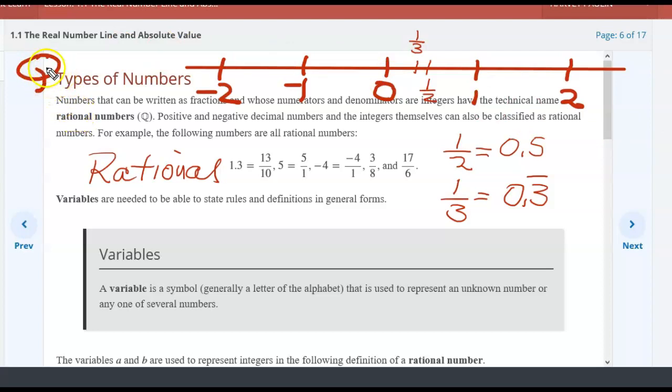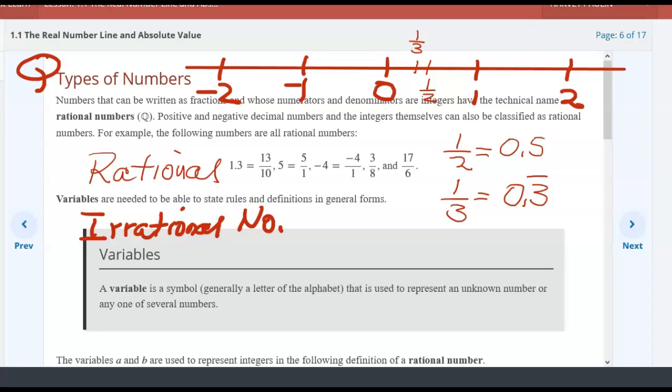Now you might say, how come they chose a Q? Well, just not to get it confused with the next type of number, because there are other numbers on the number line too, which are called irrational. And write that down. Now, what are irrational numbers?